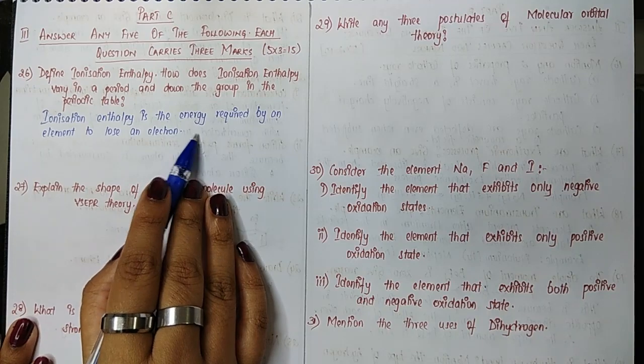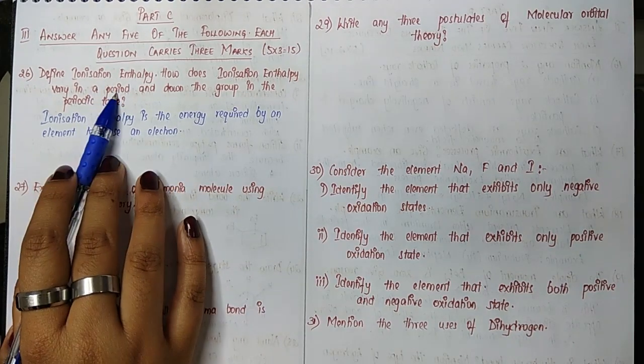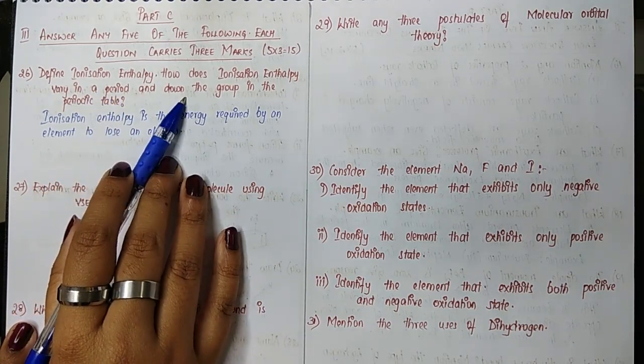That carries 1 mark. The second mark is how is it varying across the period. Third mark is down the group.